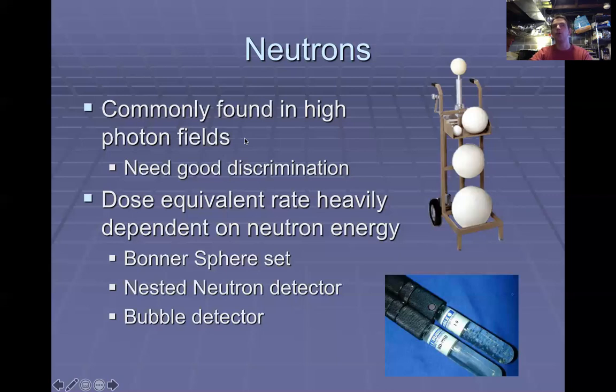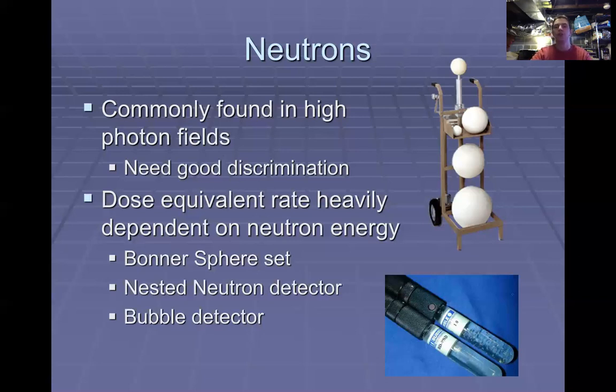Another difficult aspect of neutrons is that their energy dictates how harmful they are. So if you want to know the energy of the neutron present to be able to figure out how much of a hazard it is, be able to know if you're within the regulations for instantaneous dose rates, because high energy neutrons of certain energies are going to have a much higher radiation weighting factor than other energies of neutrons.